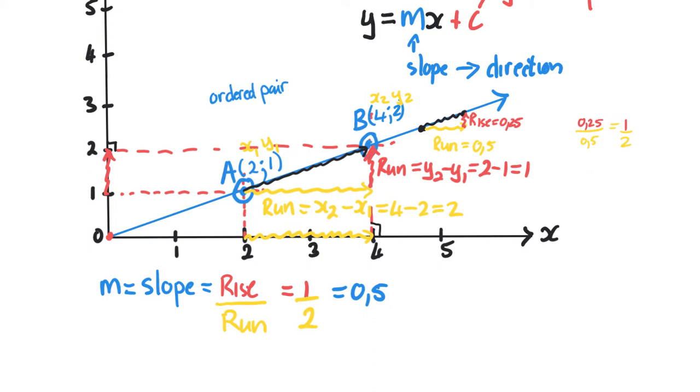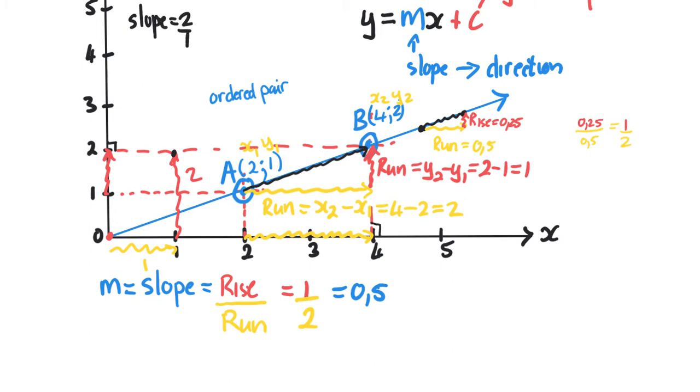Well, then we could say, if the run was 1, then the rise would have to be 2. So therefore, this point here would be on that graph. So this is now for a graph that has a slope equal to 2 over 1.